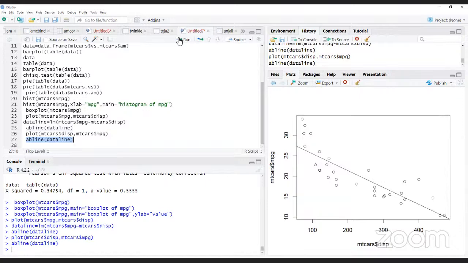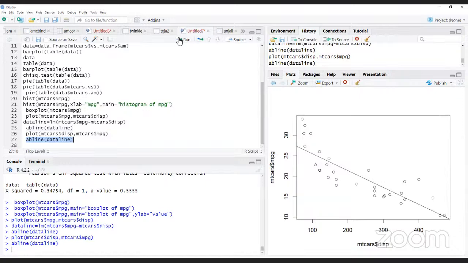Where the square difference is least, that is very close to the best fit line, and particularly for interpretation of your data, you can consider those variables or those cases.